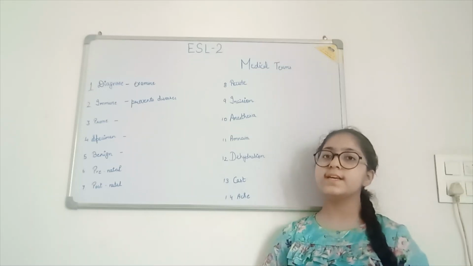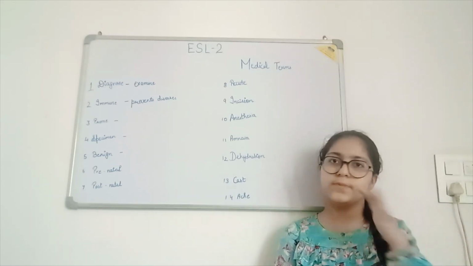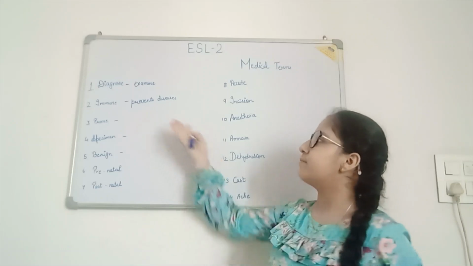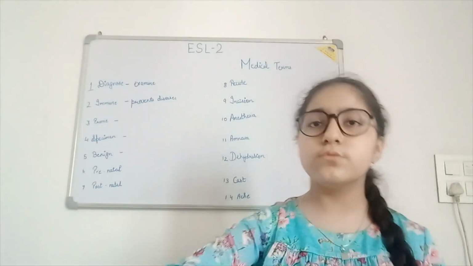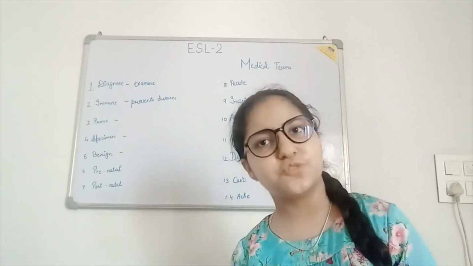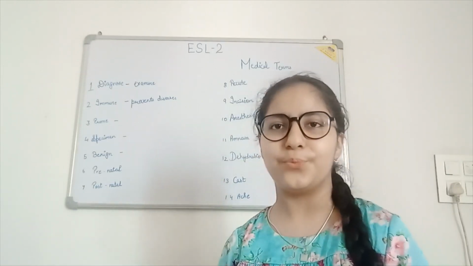So immunity is the amount of immune. Immune is basically something that prevents diseases, and immunity is the amount of immune which prevents diseases in you.